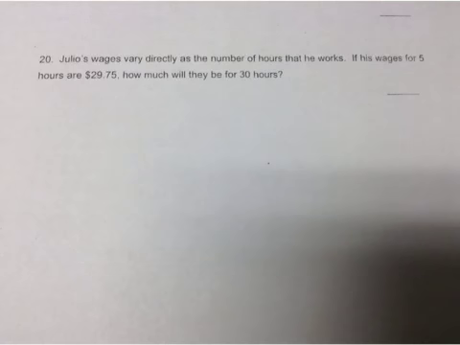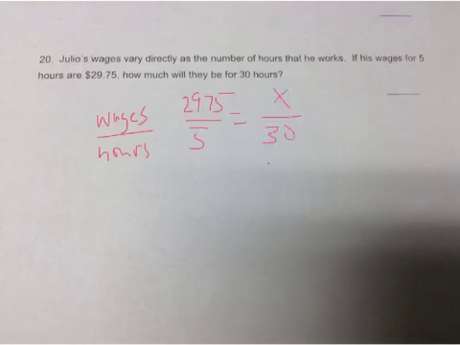Last problem, number 20. Julio's wages vary directly with his hours worked. So I have wages and hours. So 5 hours gets him $29.75. We compare that to 30 hours, and we want to know what he makes.